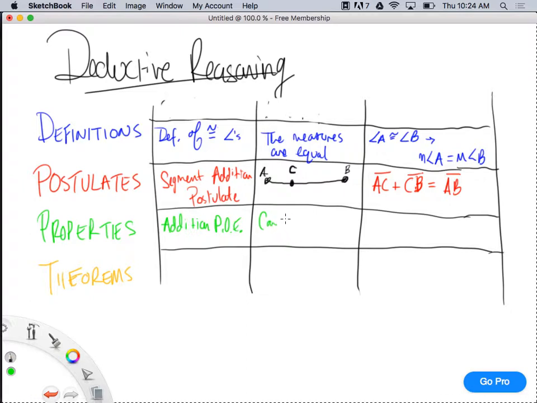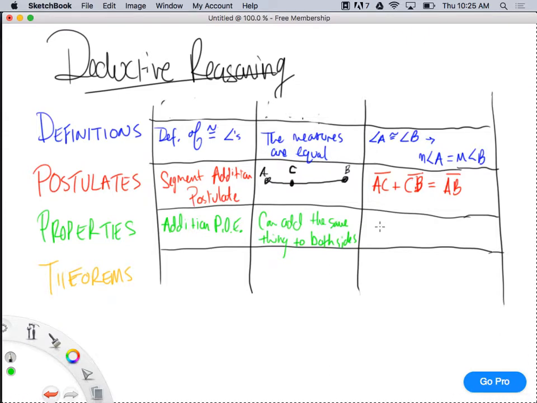It says that I can add the same thing to both sides, right? That's what the addition property of equality says.